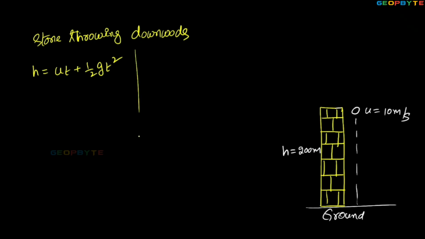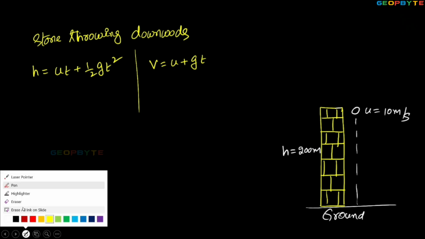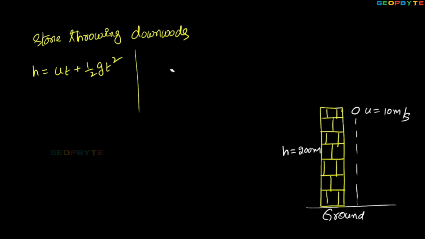Otherwise final v equal to u plus gt, no? Final velocity u plus gt. For finding the final velocity, first you need to find the final velocity. One minute.